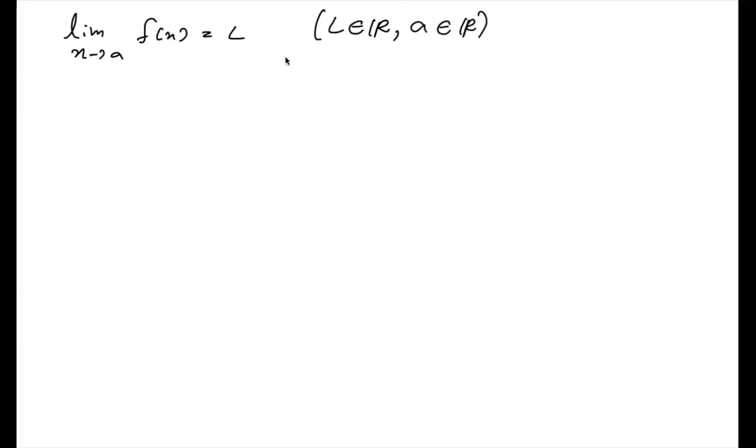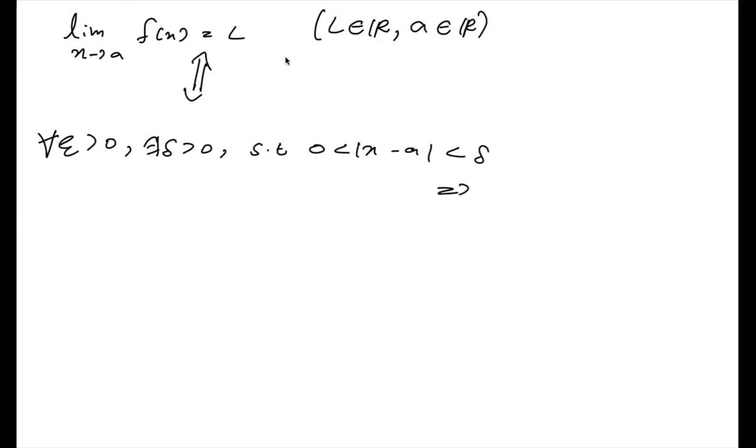If we say the limit as x goes to a of f(x) equals L, this definition says: for any given real number epsilon greater than 0, we can find a delta, which is also a positive number, such that this implies this. So this is the basic limit definition we know.